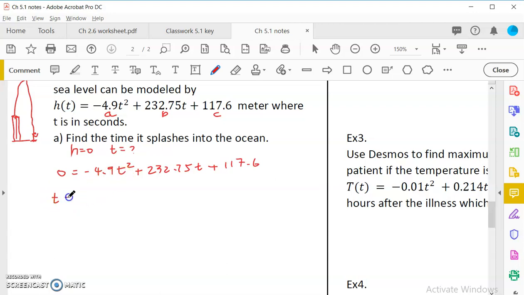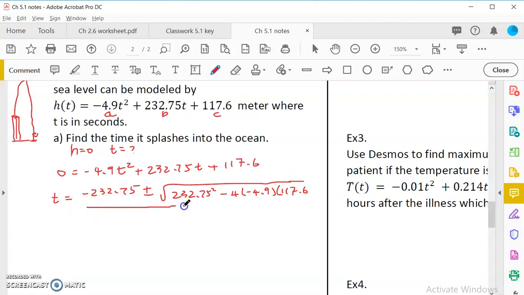With a, b, c, t equals negative b, negative 232.75, plus and minus the square root of 232.75 squared minus 4 times negative 4.9 times c, 117.6. It's really funky because there are a lot of big numbers, but you just put it in the calculator. And 2a is negative 9.8, because negative 4.9 times 2 is negative 9.8.